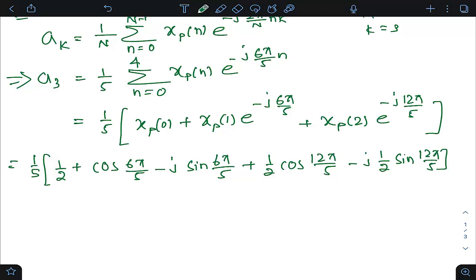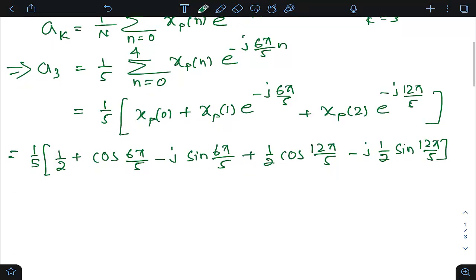Now you have to make use of the calculator and proceed further. So 1 by 5 into 1 by 2 is 1 by 10, which is 0.1, plus 1 by 5 is 0.2, and cos 6 pi by 5, students, if you find it out, is minus 0.809.